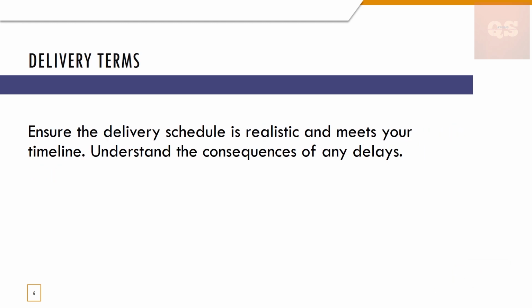Another one is the delivery terms. So ensure the delivery schedule is realistic and meets your timelines. Understand the consequence of any delays. Again, if it is some material that you're getting the quote for, make sure that the quotation specifies that this will be delivered on this specific date. And if at all delivery is not made, what would be the consequences, all those should be agreed upon.